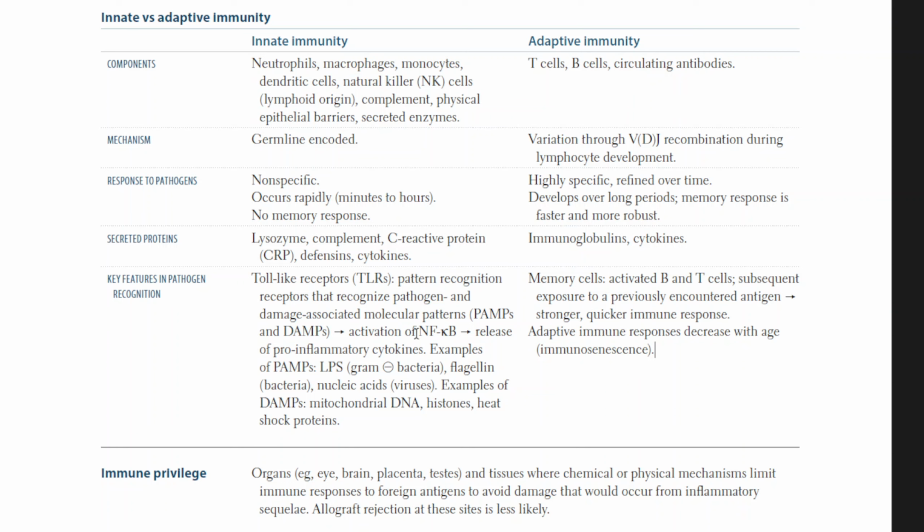So these are the key differences between innate immunity and adaptive immunity. Remember, adaptive immunity is stronger and faster when you are exposed a second time, because it is a memory response, faster and more robust.